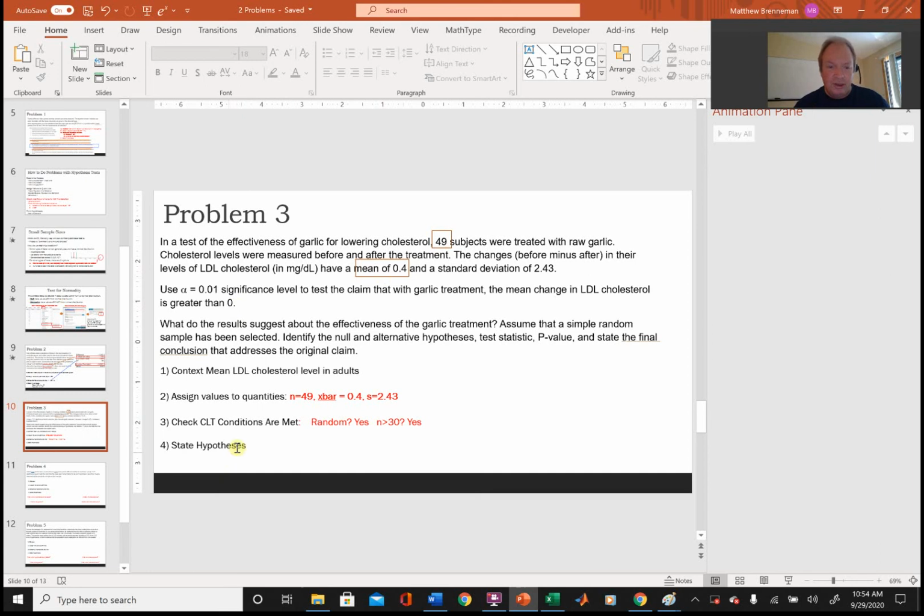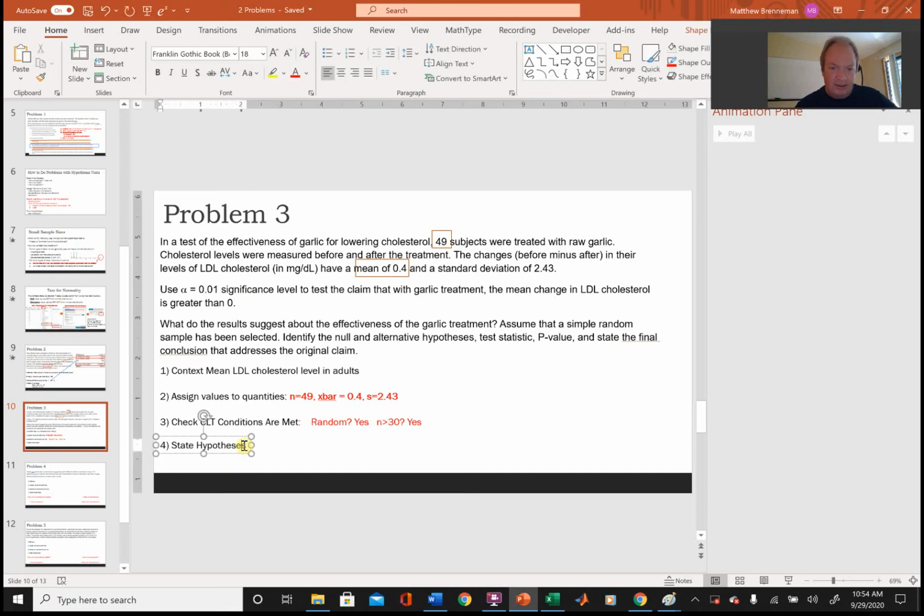One of the ways you can tell, okay, so let's go ahead and kind of flesh this out a little bit, okay? So the null, H0, is going to be that mu is less than or equal to 0. And what we're trying to prove here, the alternative, is that mu is greater than 0.